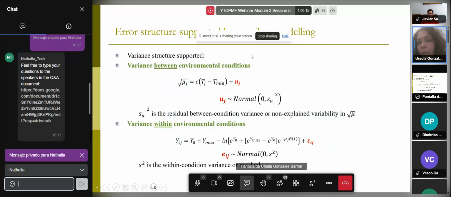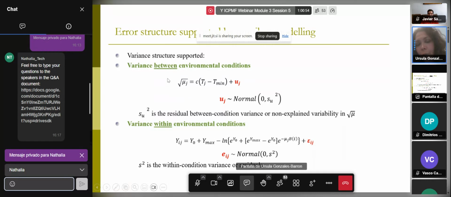Now, this is a two-level model because we have primary and secondary. And the way to prepare the error structure is like this. I will explain the variance between environmental conditions and the variance within environmental conditions. Talking about the variance between conditions equates to talking about the secondary model, because you want to know how your covariate, in this case temperature, affects the kinetics, the shape of the curve.